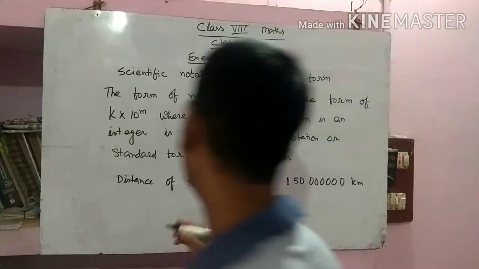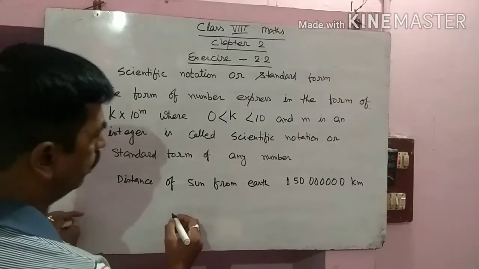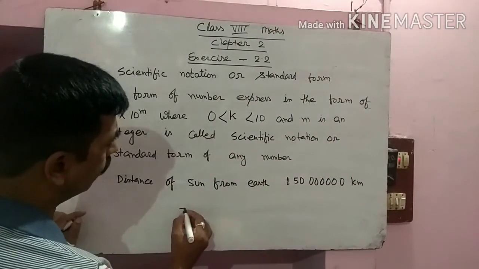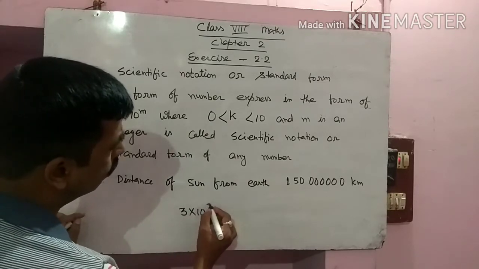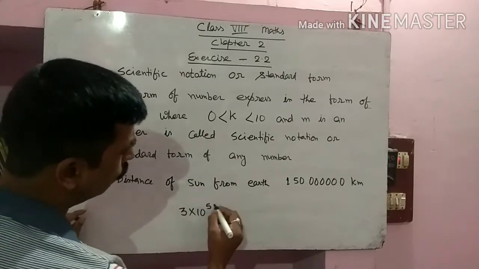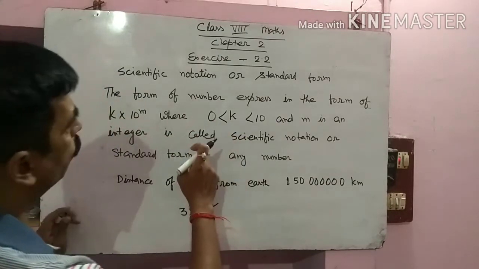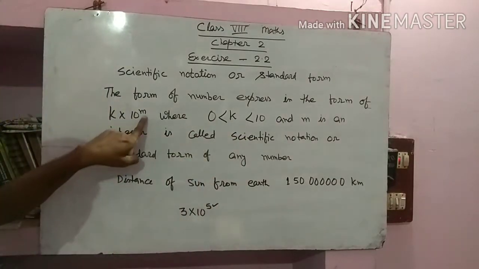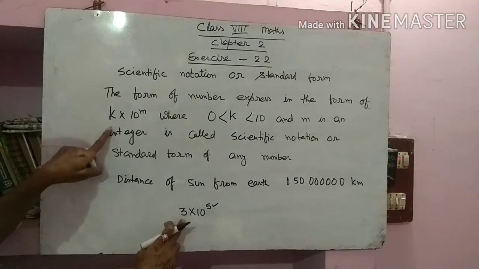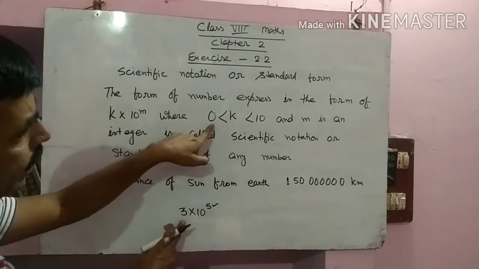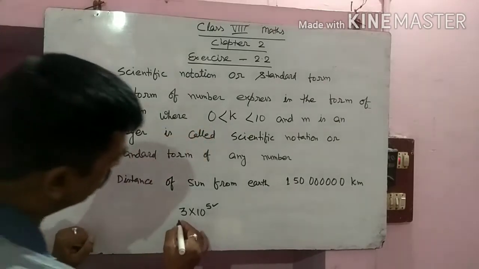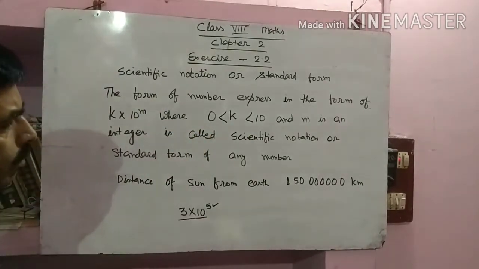Okay, as a number written in the form of 3 into 10 to the power 5, so 5 represents m and k represents 3. So 3 is less than 10 but greater than 0. So this is the standard form of any number.